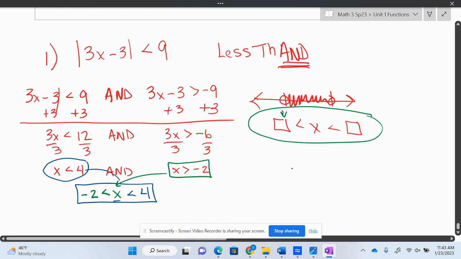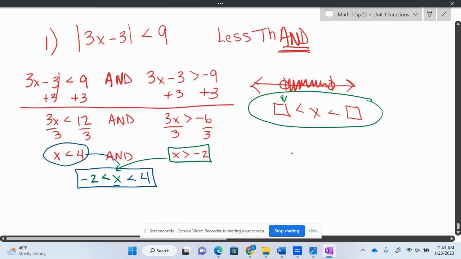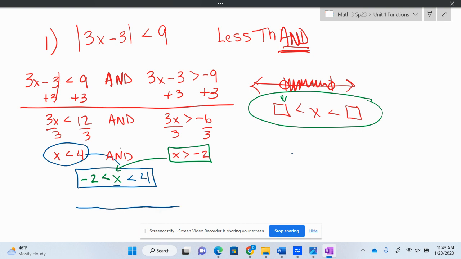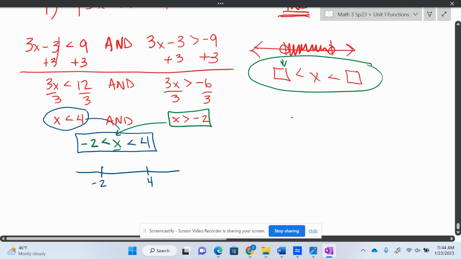Okay. And then we're going to graph it, just because on your test, I believe you have to identify graphs. So it might be helpful to see a graph. So remember, I said with an and, they go to the middle. So the only two numbers that I'm putting on my number line are negative 2 and positive 4. Are they going to have open circles or closed circles?